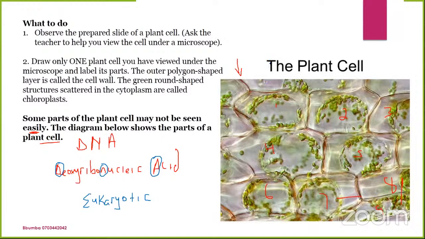Melody is asking, where is the nucleus? Okay, I'm going to show you the nucleus. The nucleus is here actually. I don't know whether you can be able to see this thing here. Let me circle it. That's the nucleus there. Of course, for you to be able to identify the nucleus, it takes time to have that expertise of being able to see, because sometimes you may not actually see it very well.